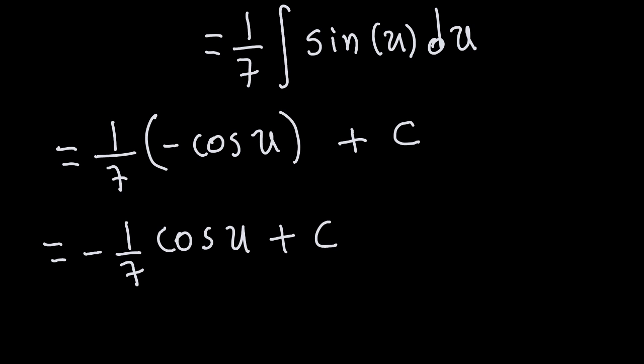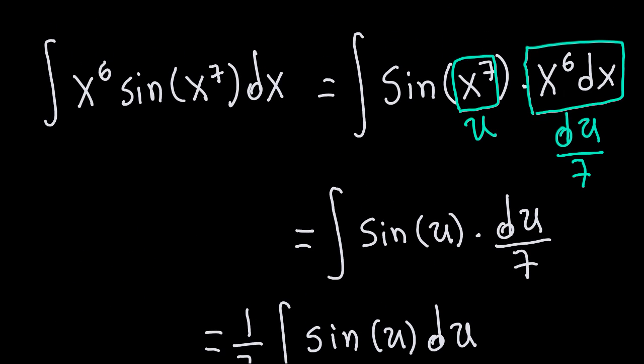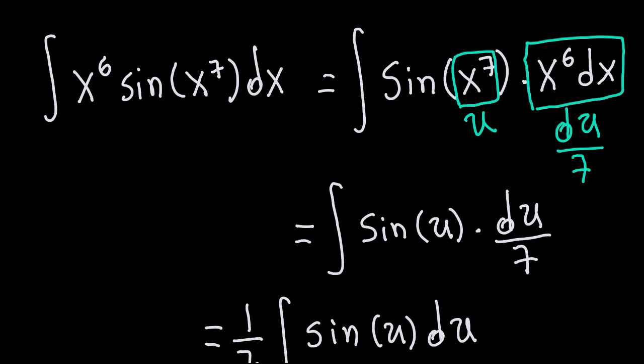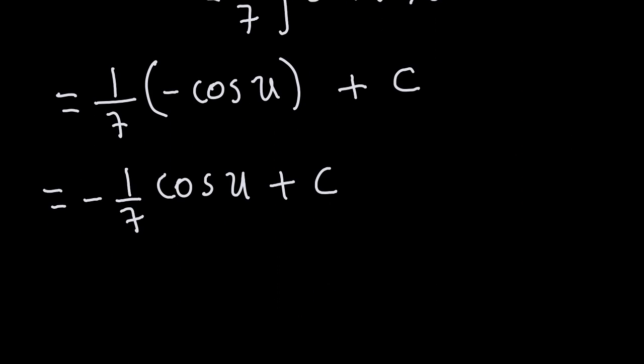Now remember that this is not the last answer because I have to replace back what this u was. Let me scroll up here and say that this x to the 7 is exactly u. So that's what I have to replace back. So the final answer for this particular problem will be negative 1/7 of cosine of x to the 7th plus c.